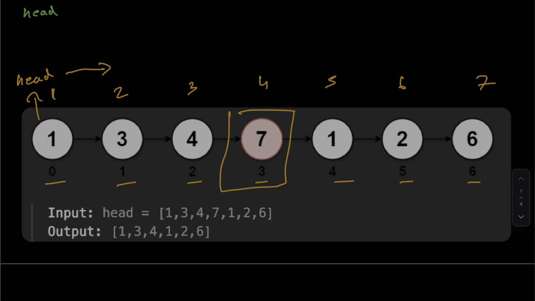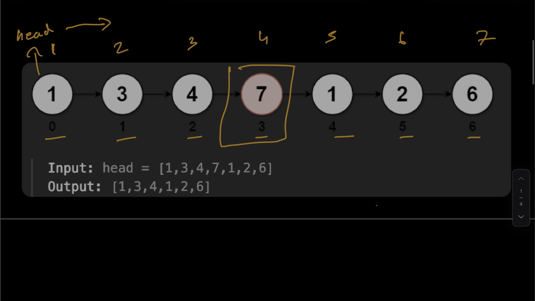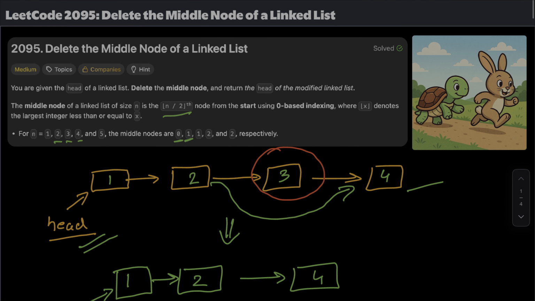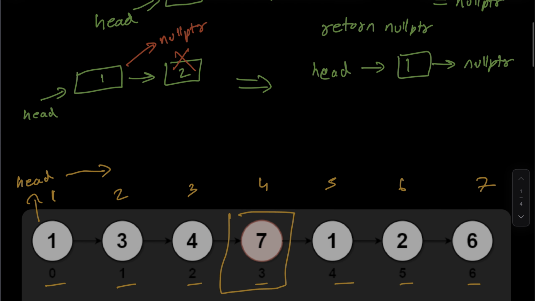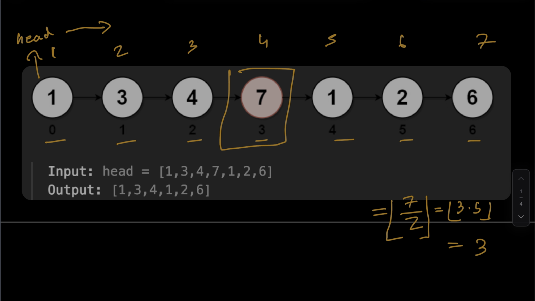So we find that there are a total of 7 elements in the linked list. 7 divided by 2 is equal to 3.5, but we need to take the lower bound, so the answer will become 3. In zero based indexing, we are going to delete this specific node, the 7 from here.